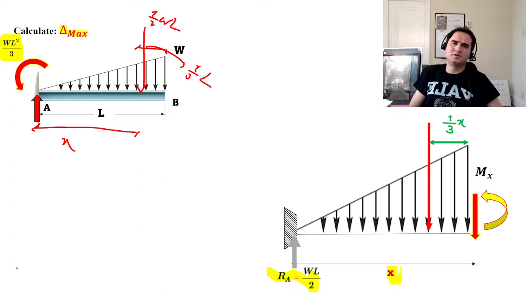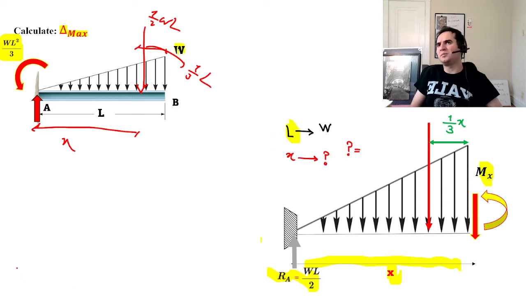Let's see what we have for moment at a distance of x. When it was the whole length, the intensity of the distributed load was W. Now, if it's x, what is that?